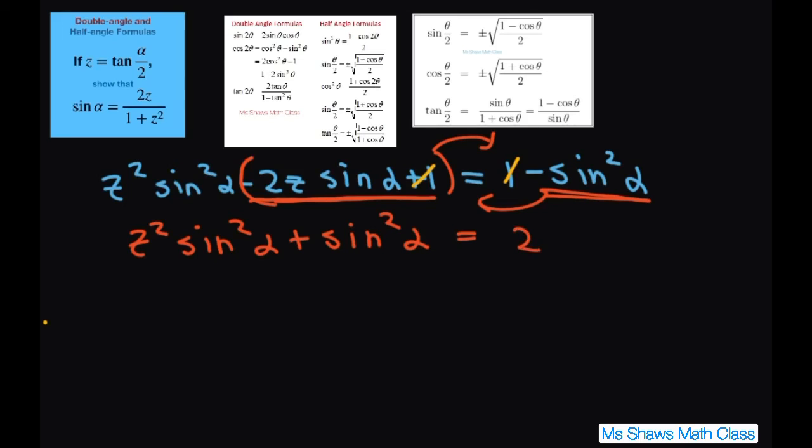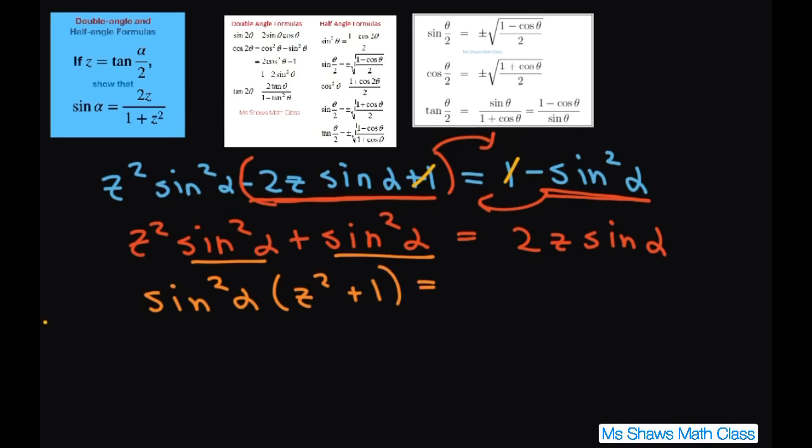So this will give you 2z sine of alpha. Now let's factor out a sine squared. That's going to give me sine squared alpha times z squared plus 1 equals 2z sine of alpha.